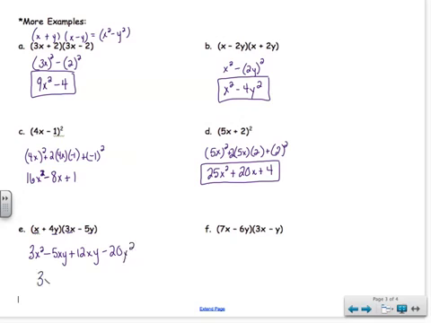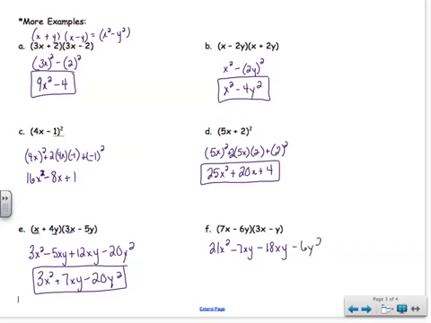And when I simplify that, I get that as my answer. So our last example here with FOILing, oh, I guess we got a couple more here, but our last one with binomials and FOILing, we get 21x squared minus 7xy minus 18xy minus 6y squared.